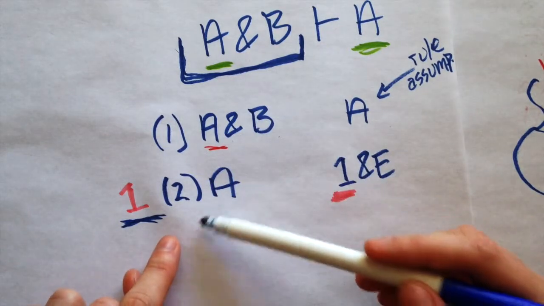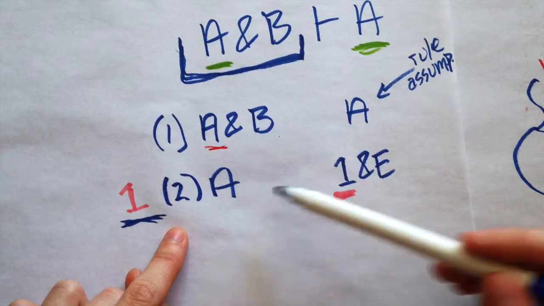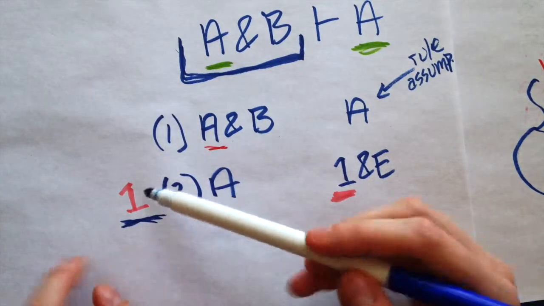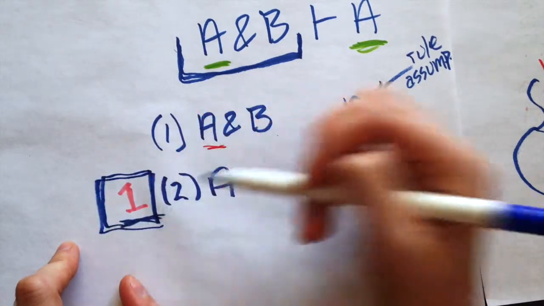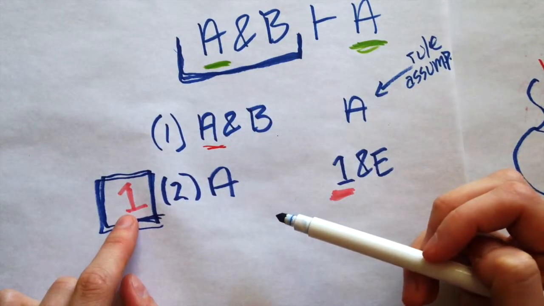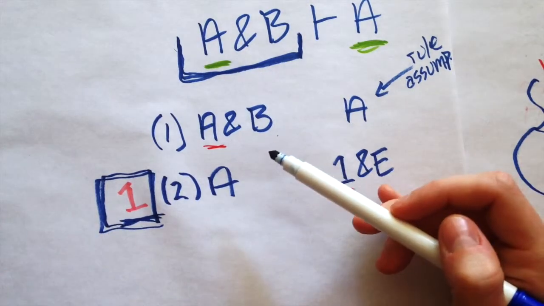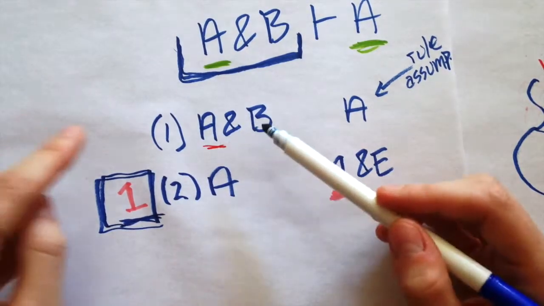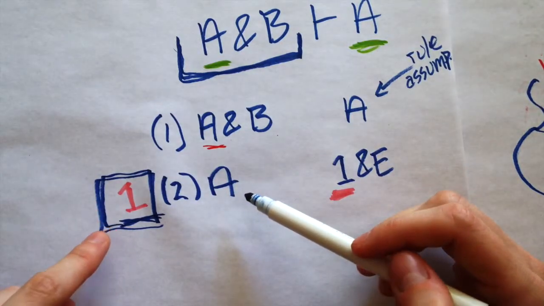And so we check the assumption set on the last line. We see that we did derive the sentence A, and we derived it based solely on the assumption in line number 1. So that means it's the correct assumption set. We don't have any extra lines. We just took what we were given originally, and that allowed us to derive the conclusion.